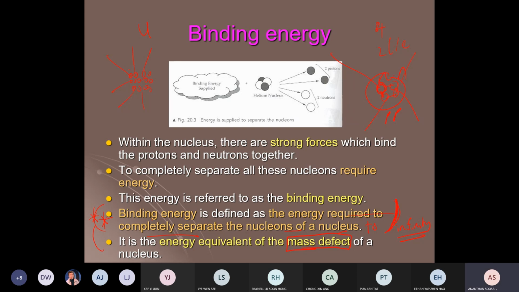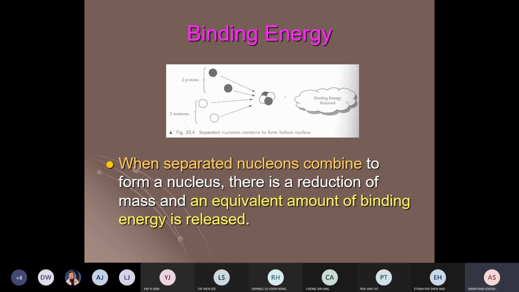Let's explore more about binding energy. When separated nucleons combine to form a nucleus, there is a reduction of mass, and an equivalent amount of binding energy is released. To dismantle the helium, you separate all four nucleons.